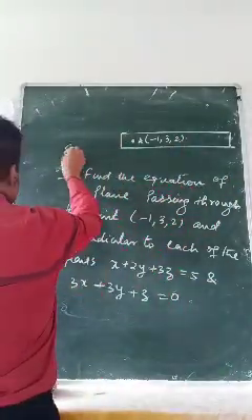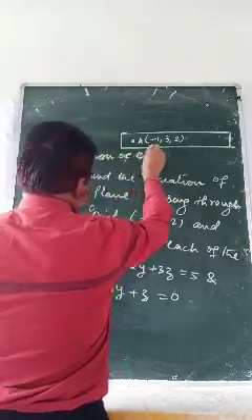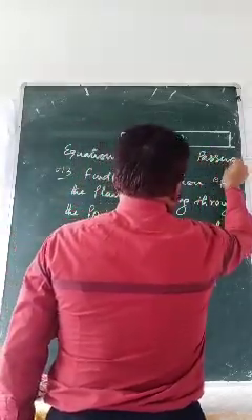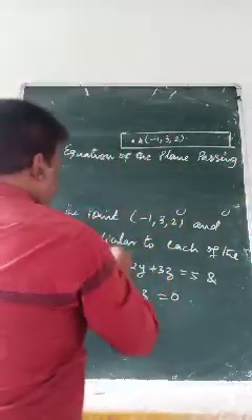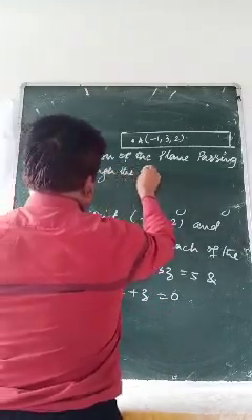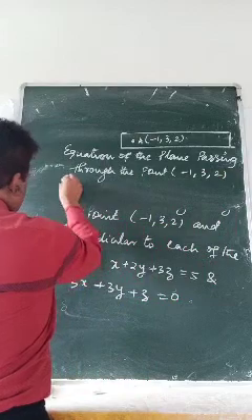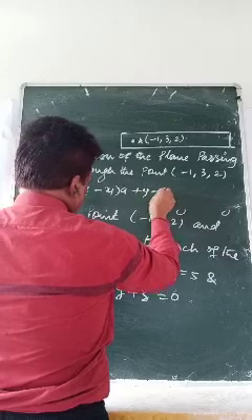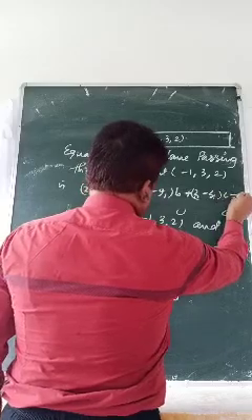So what is the equation of the plane passing through the point minus 1, 3, 2? It is a(x minus x1) plus b(y minus y1) plus c(z minus z1) equals 0.